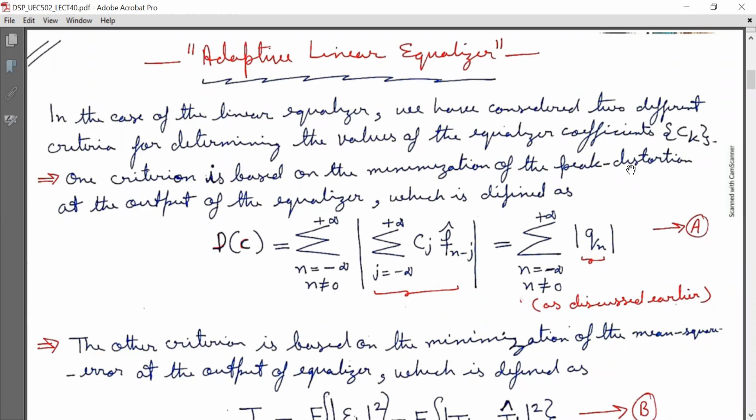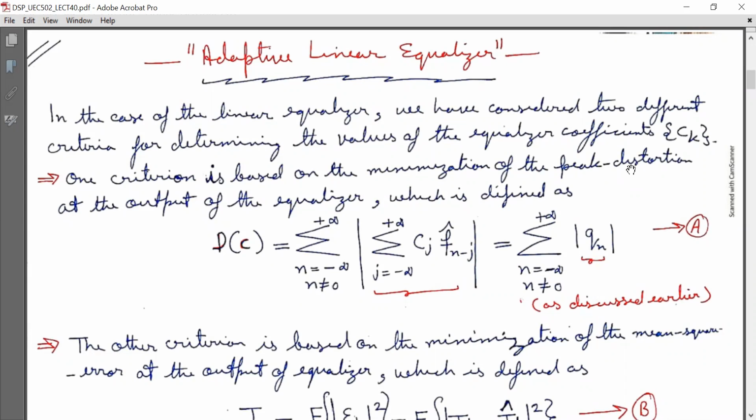In the case of linear equalizer, we have considered two different criteria for determining the values of equalizer coefficients Ck. One criterion is based on the minimization of the peak distortion at the output of the equalizer, which is defined as D(c) equal to summation n running from minus infinity to infinity, n not equal to 0, magnitude of summation j running from minus infinity to infinity, cj f cap n minus j.